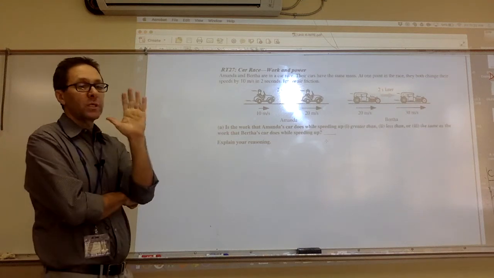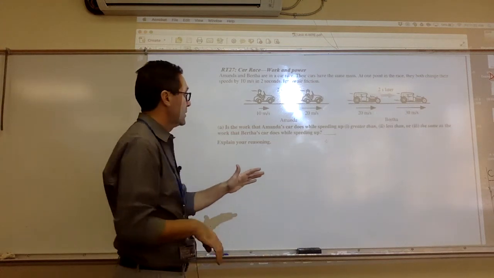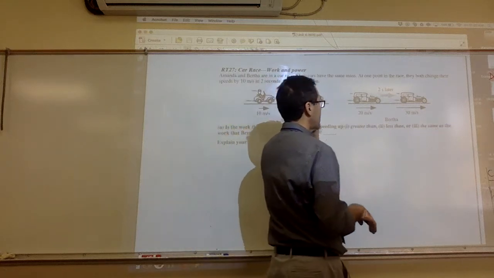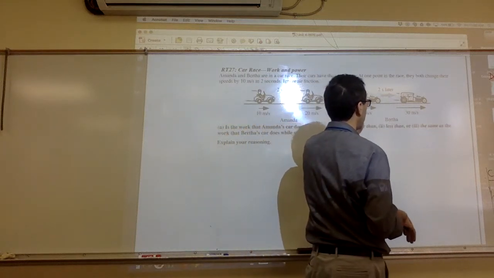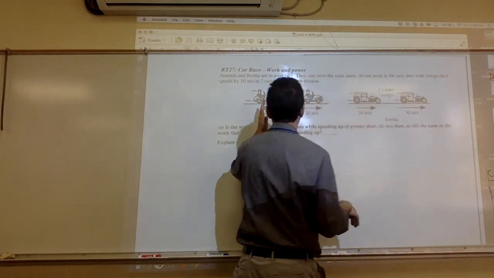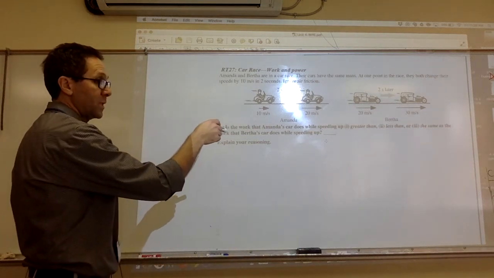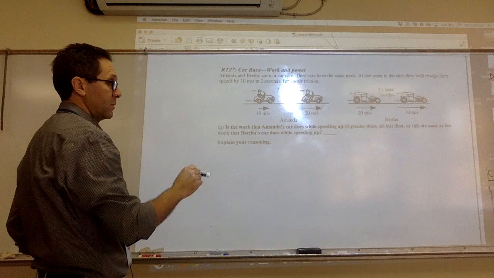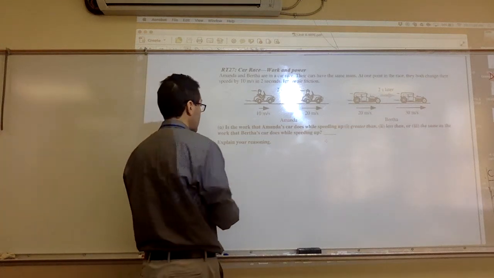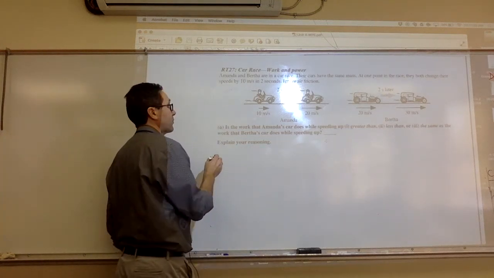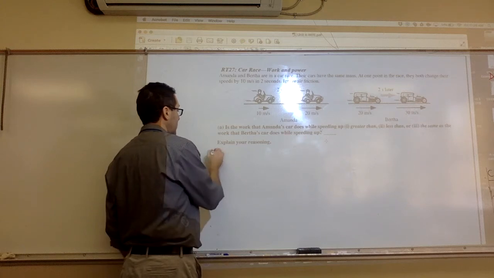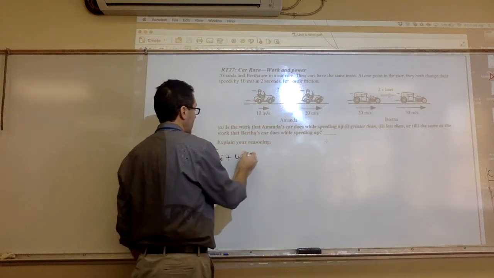Now, conceptually thinking of it, logically, without physics, I hope you can see that it's going to take a lot more effort to go from 20 to 30 than to go from 10 to 20, right? Because you're already at a higher speed and you want to go even higher. Now, let's see if the physics confirms that. Energy initial plus work equals energy final.